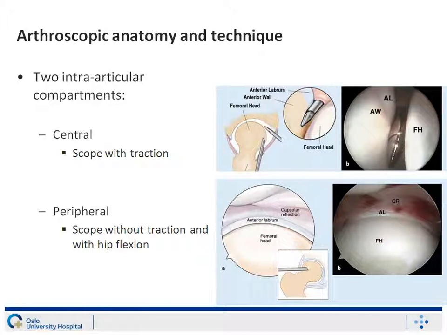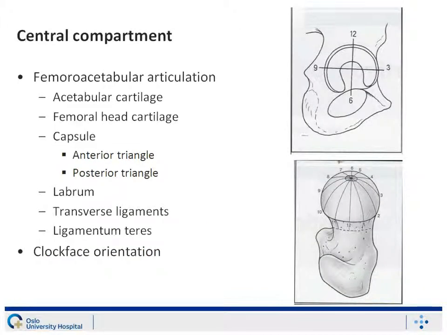Like we see up here, you see the femoral head, you see the acetabular wall and the labrum. And that's very important that you have this picture, because that will lead you to how to introduce your second portal, which you do under direct vision when you enter into the central compartment.